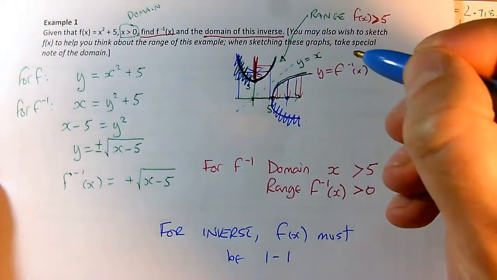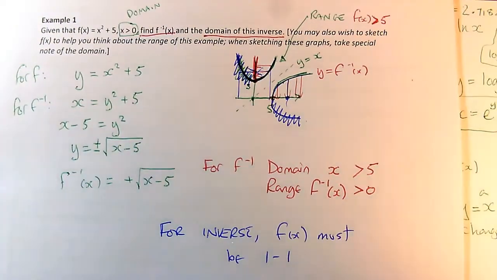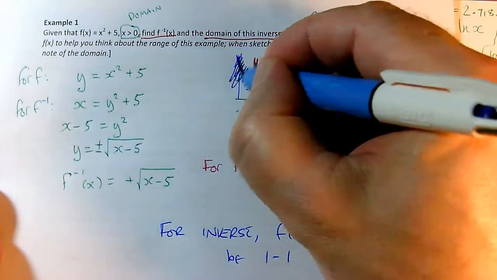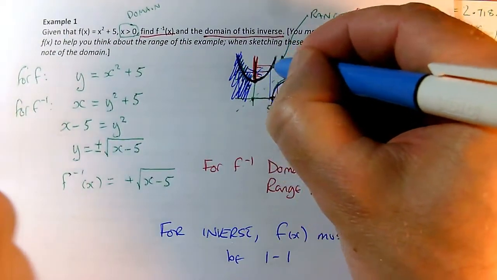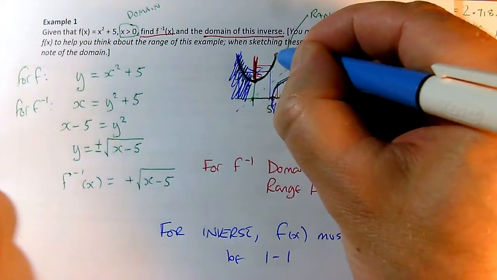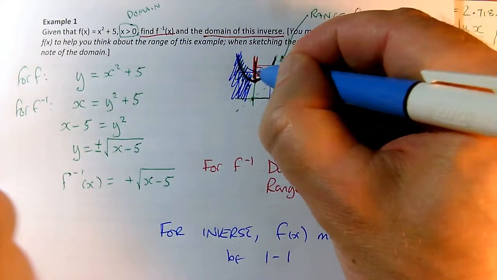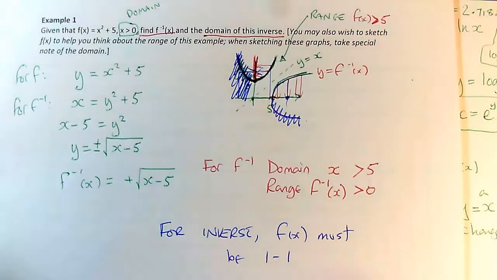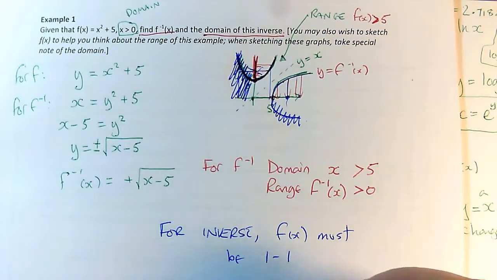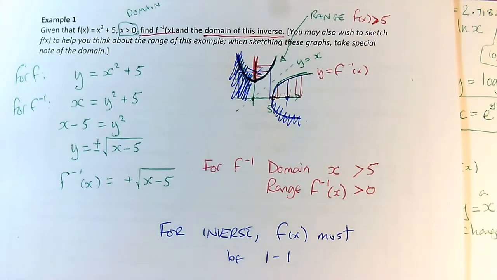That makes it many to 1. I'm not allowed to have many to 1, I've got to make it 1 to 1. And by destroying this half of the graph, what's left here does just have one x value leading to each possible y value. So destroying half of the graph is necessary to make the function 1 to 1, which is what we need for it to have an inverse in the first place.